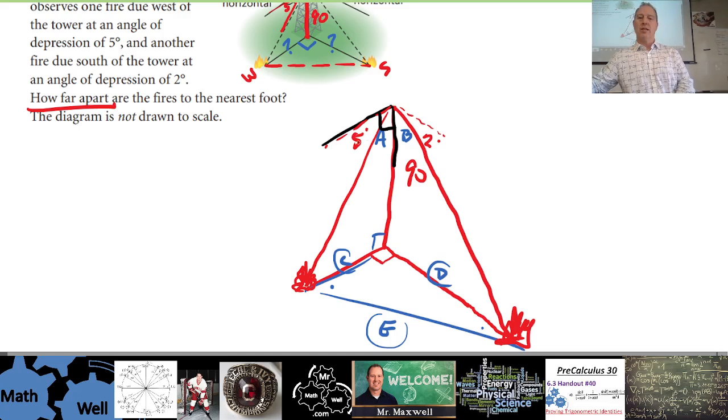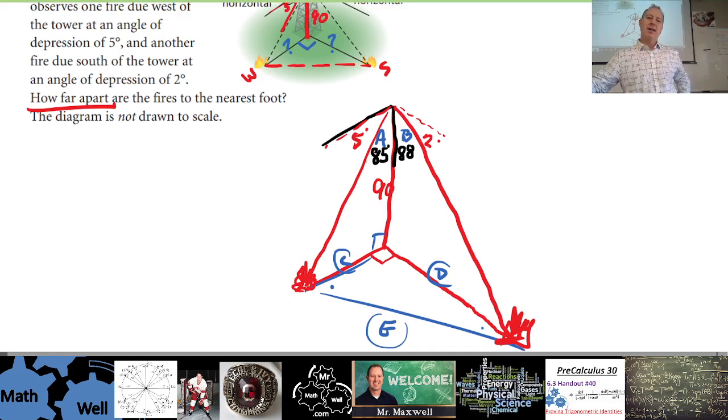If you know this is 5 degrees, and this isn't drawn to scale really, what is A? 85. A is 85, because these have to add up to 90. Exactly. And so what is B? B is 88. Okay? All right, now we're getting somewhere.